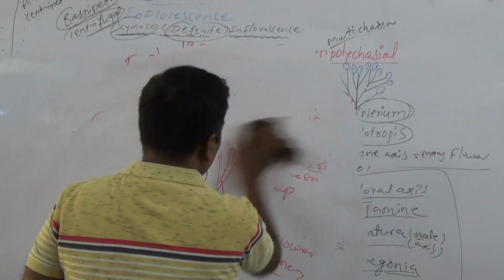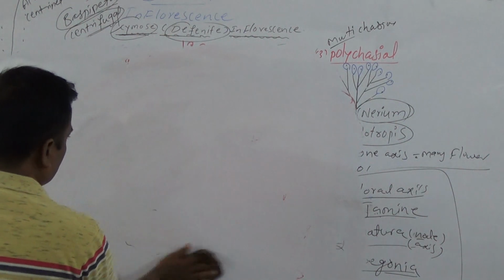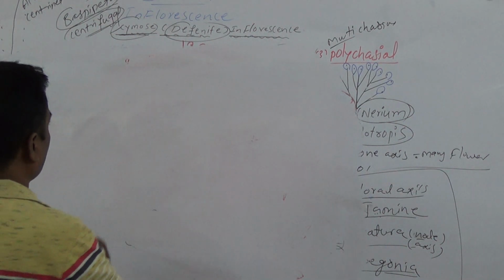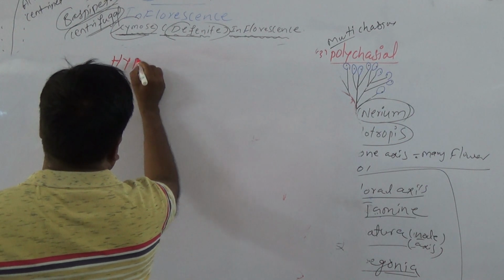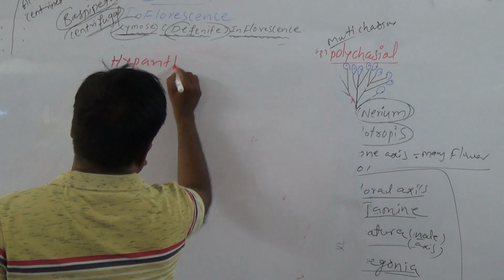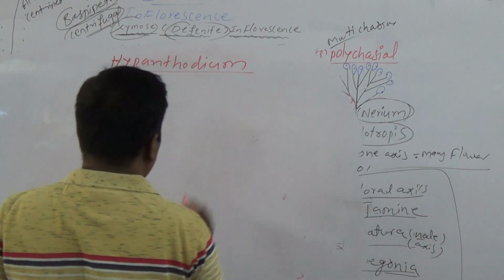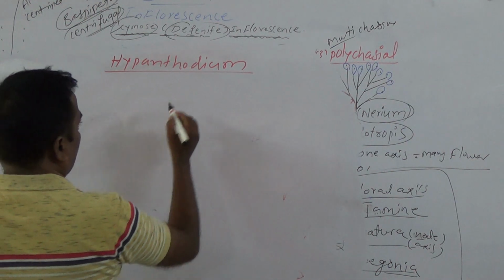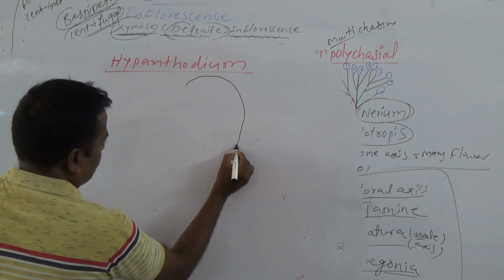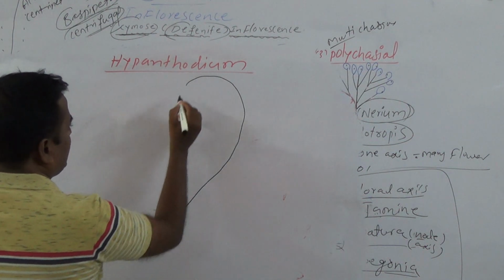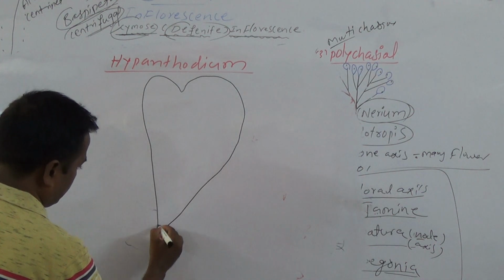Hypanthodium is another special type of inflorescence in which the floral axis is modified and fleshy.